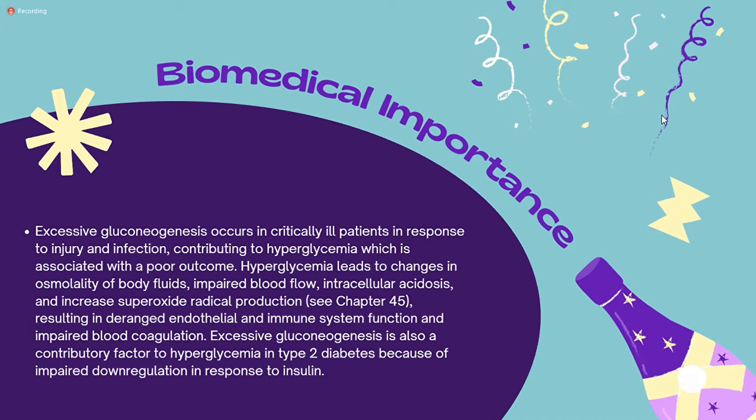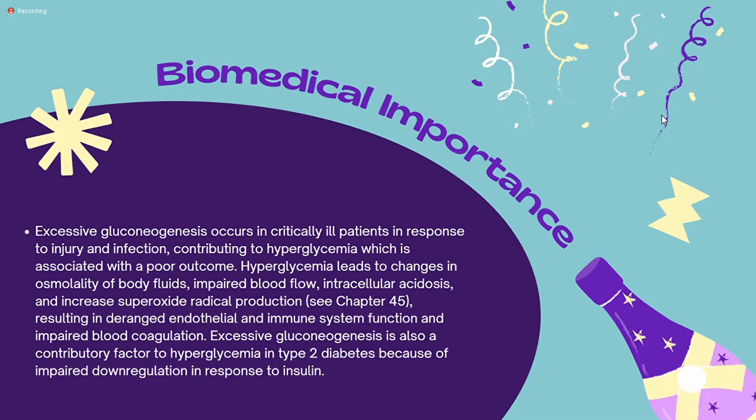There is excessive gluconeogenesis that occurs in clinically ill patients in response to injury and infection, contributing to a high amount of glucose in the blood, which usually is associated with a very poor prognosis because it leads to hyperglycemia.